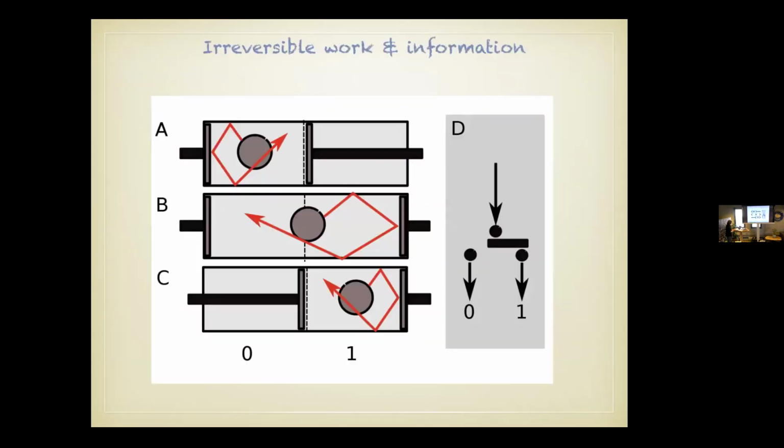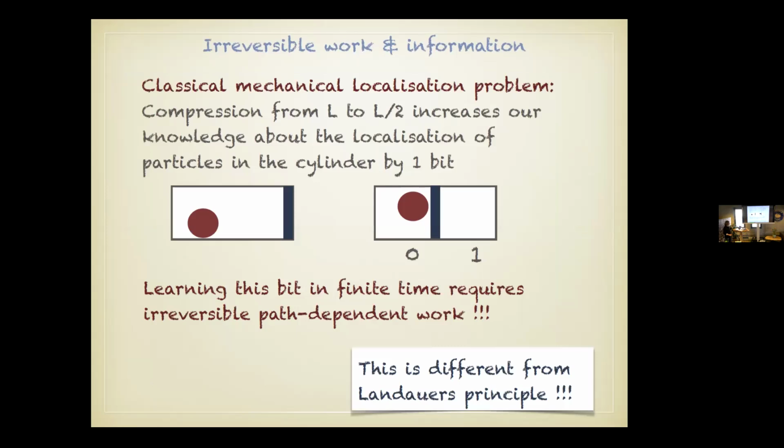And with this being said, the last thing is that this means that even in classical mechanics, you have a localization problem. To gain 1 bit of information about the position of a particle, meaning that you squeeze the possibilities of where a particle can be by half of its volume, so you increase your knowledge by 1 bit, is associated with irreversible work.